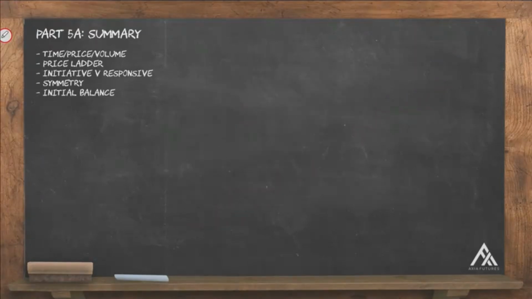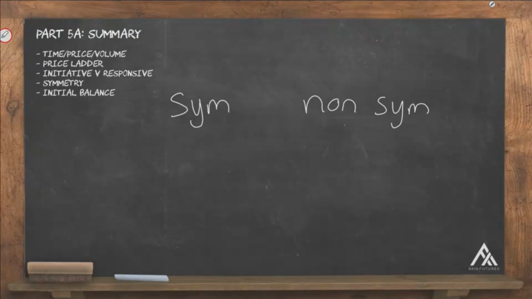And we had two basic types of symmetry: symmetrical and non-symmetrical. And the key difference was that in symmetry, we have just nice balanced type markets, balanced distributions.